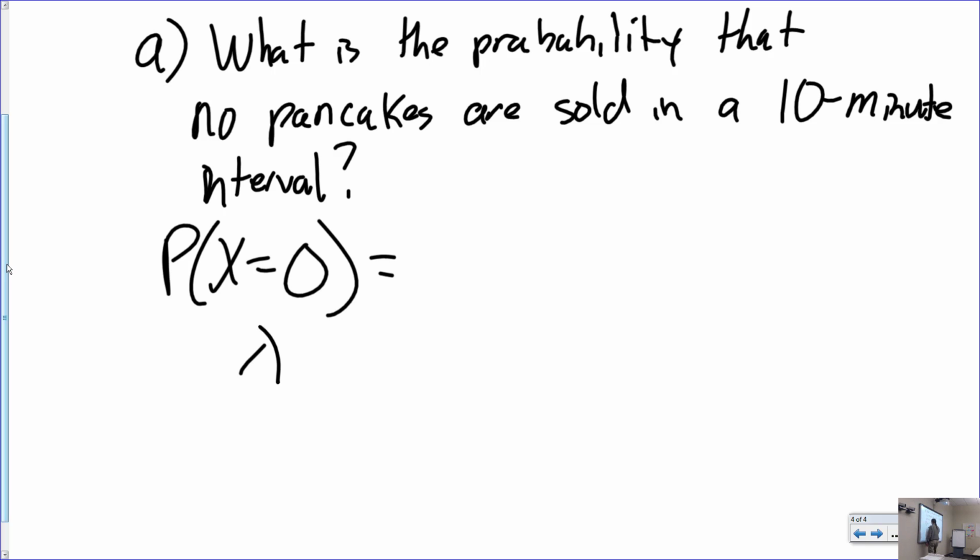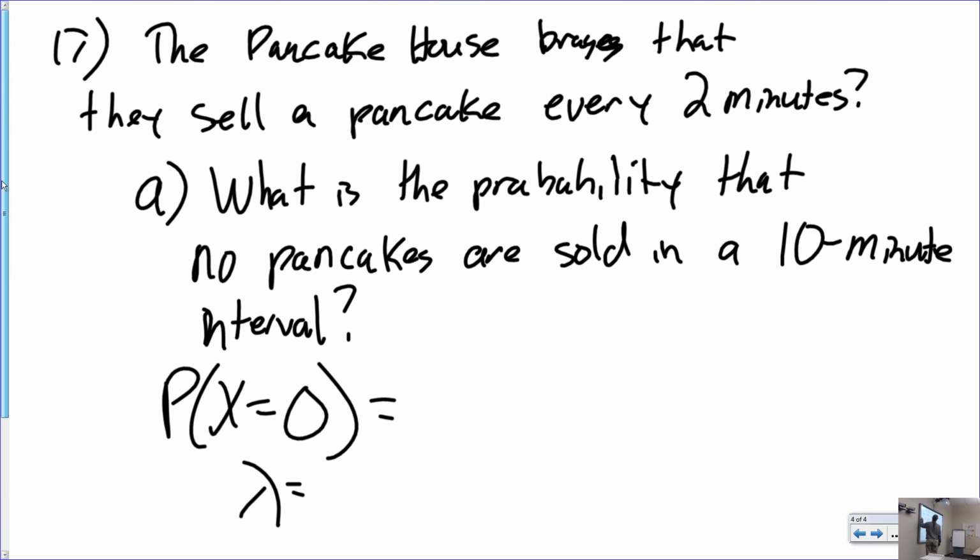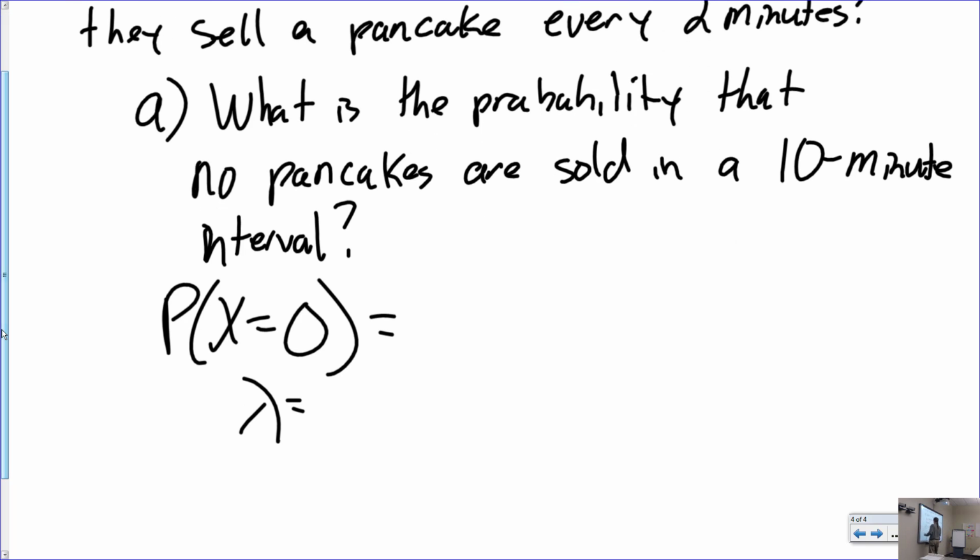Why should lambda be 5? Because they sell one pancake every 2 minutes. So in a 10-minute time span, how many pancakes should they sell? 5.